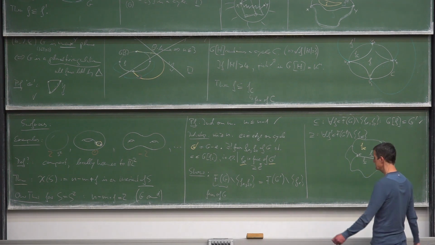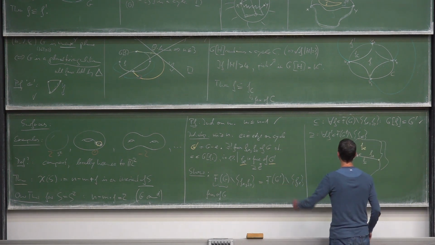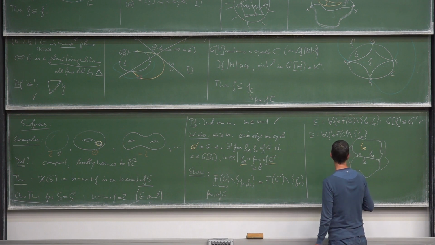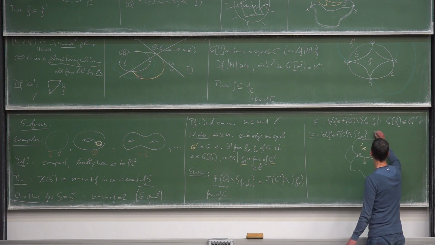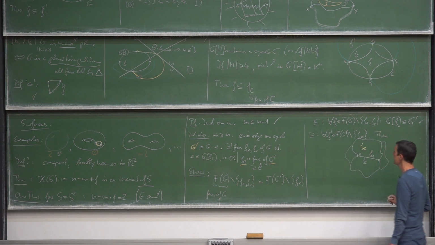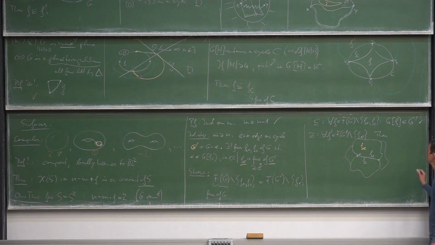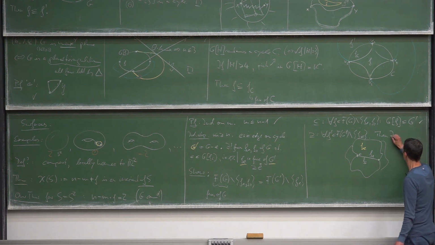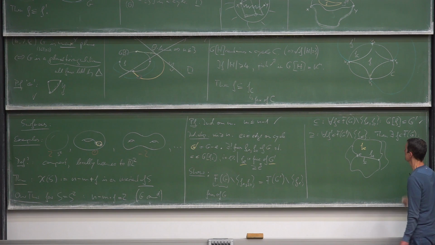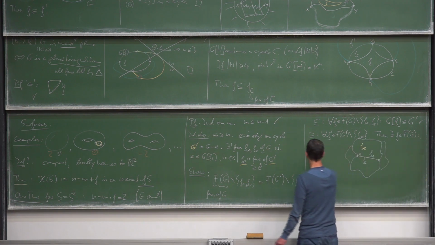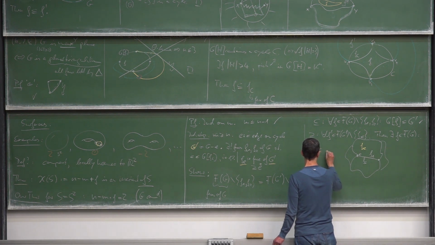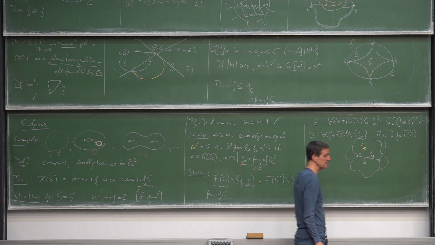Well, is it a face of G? Yes. Then there exists a face F of G such that F prime is a subset of that F.